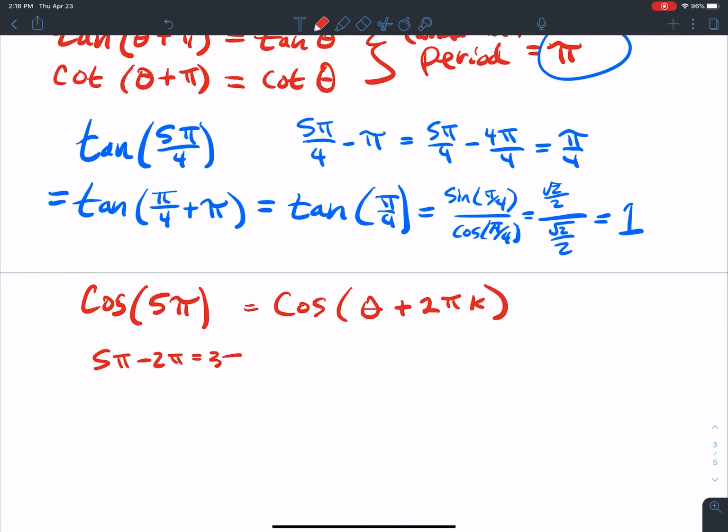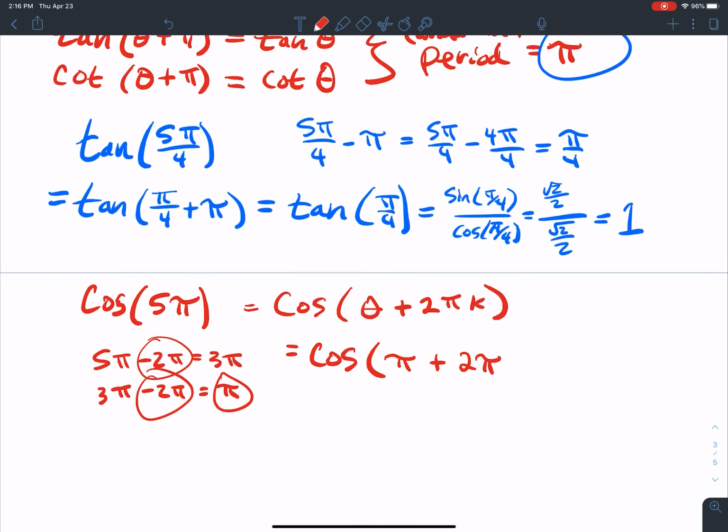I get 3 pi, which is still greater than my 2 pi, my 1 revolution around the circle. So I'm going to subtract another 2 pi and I get pi. So what does this tell me? It's cosine of pi plus 2 pi times, how many 2 pi's did I have? 1, 2. So 2 here.